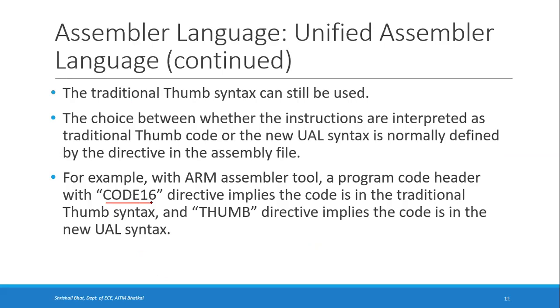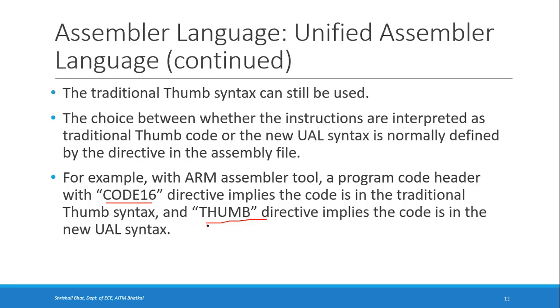If you use the directive thumb, that means it is the new UAL syntax, which is a combination of both 16 and 32-bit. The directive code 16 indicates traditional thumb instruction, and the thumb directive indicates new UAL instruction with the new UAL syntax. That is the way you can define the different syntaxes of the instructions, either traditional thumb instruction or new UAL syntax.